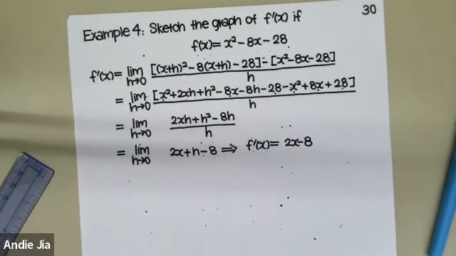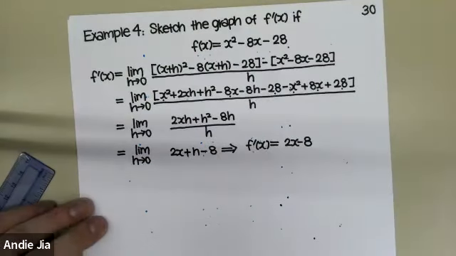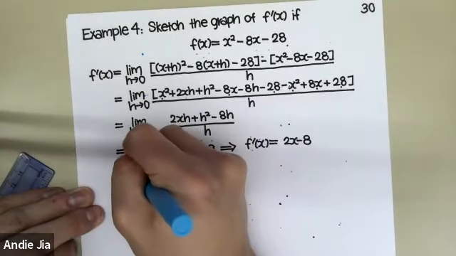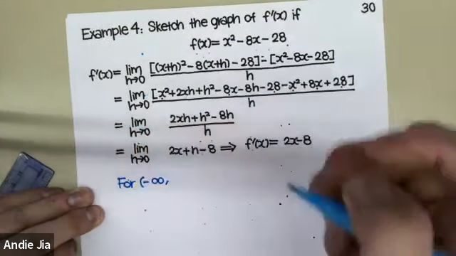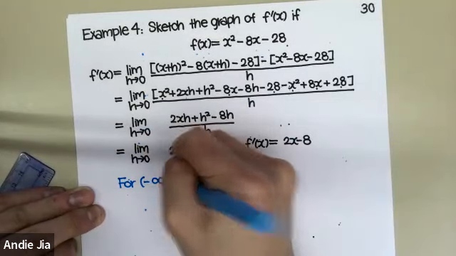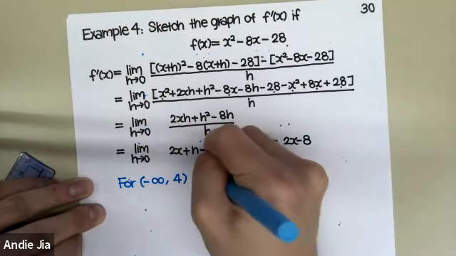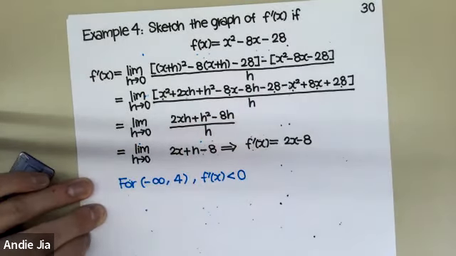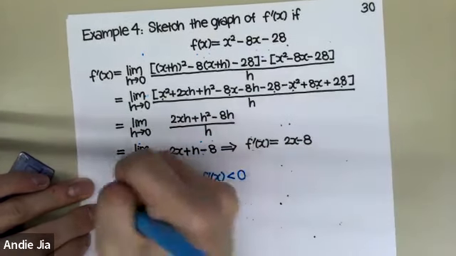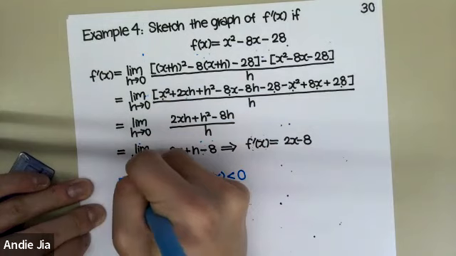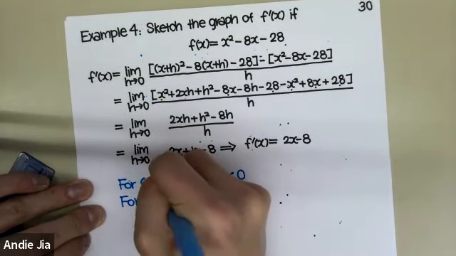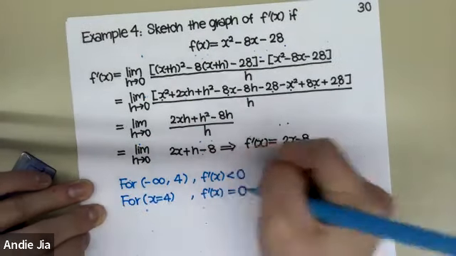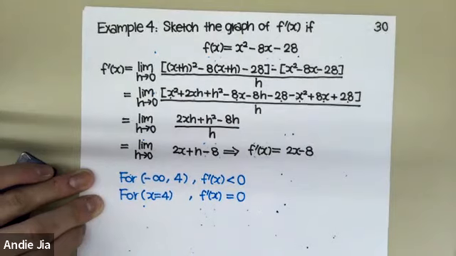In this case, we'll just factor the derivative here. For negative infinity to 4, f prime of x is negative. At x equal to 4, f prime of x is zero, so it's a horizontal tangent line.